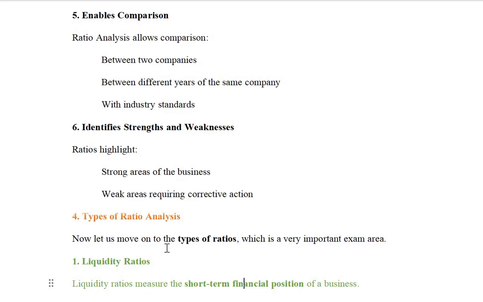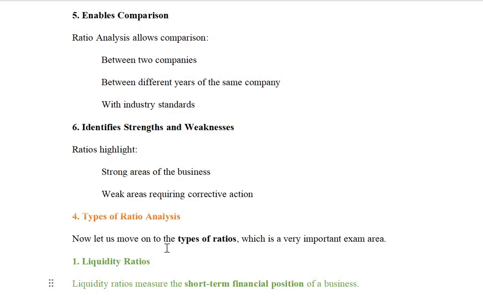The next important use of ratio analysis is to identify strengths and weaknesses. Each and every organization wants to know where they are, what they actually have to do, and where they have to improve. All this we can find out by using the ratio. Ratios provide accurate results about the various aspects of the business.